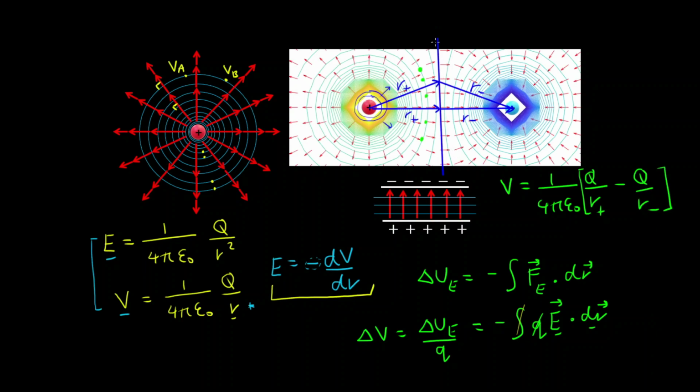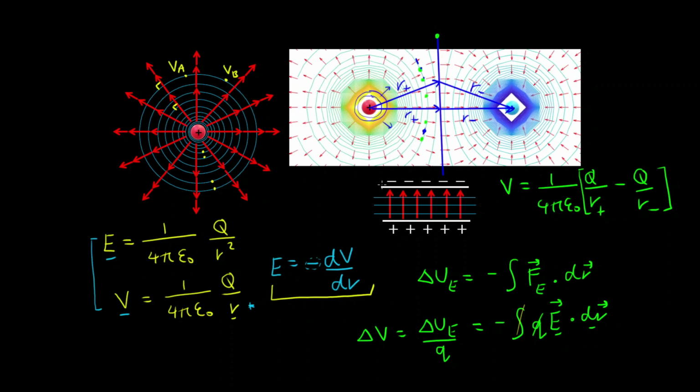Okay, so along this vertical equipotential line, R plus is equal to R minus all the time, but where R plus and R minus are different, such as along this equipotential line here, the potential is not zero, but it's the same for all of these points on the line.